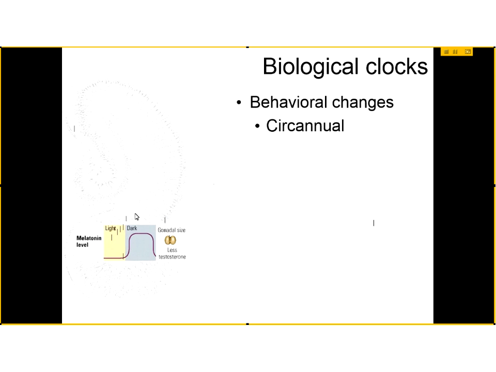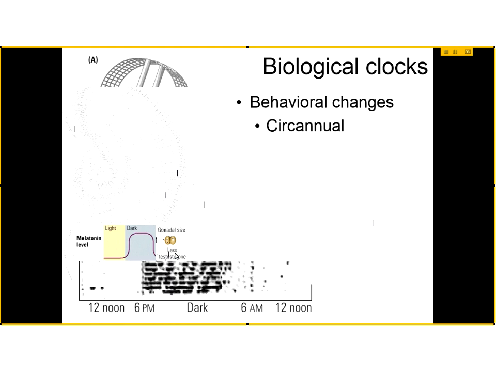During the winter, there are long nights, meaning there's more melatonin, so these animals are sleeping more, and that contributes to less testosterone, decreasing the likelihood of seeing any kind of mating behavior.